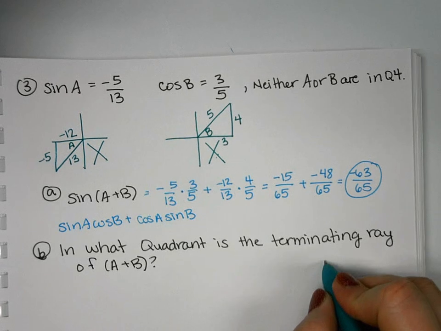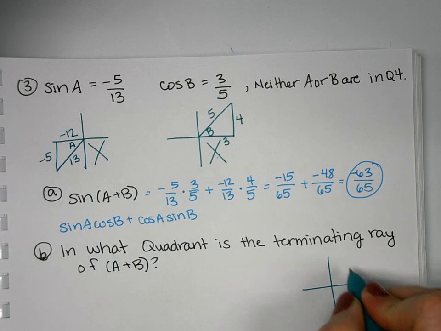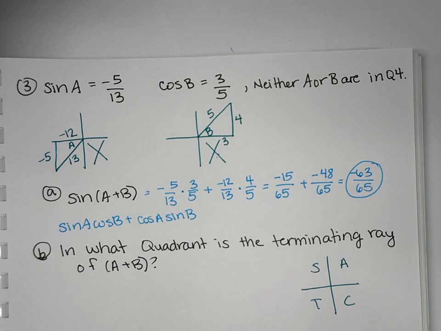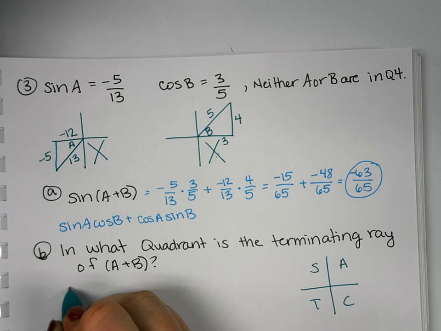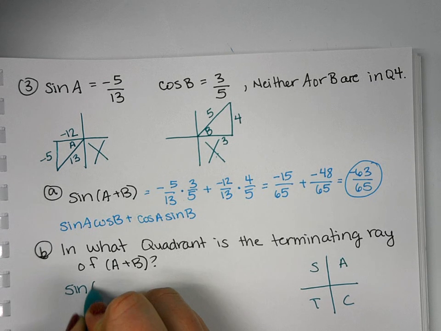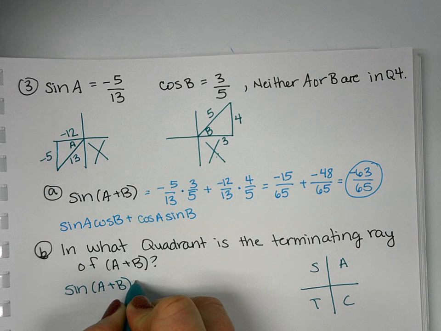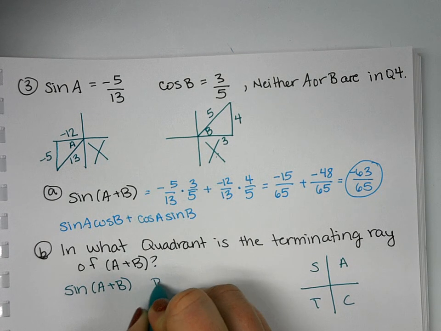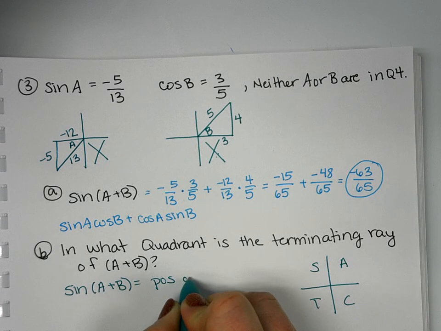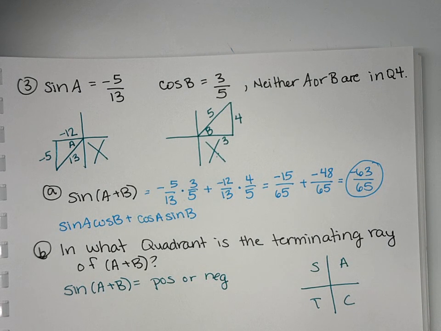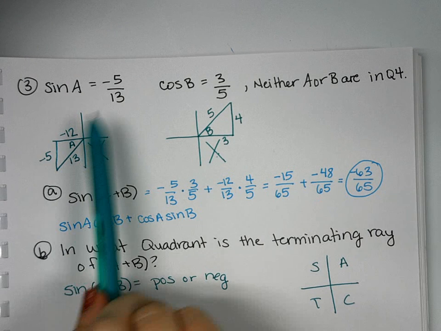And we're also going to consider our All Students Take Calculus. So when we try to figure out where A plus B falls, I'm going to start by looking at, is my sine of A plus B positive or negative? So when I look up here, my sine of A is negative.